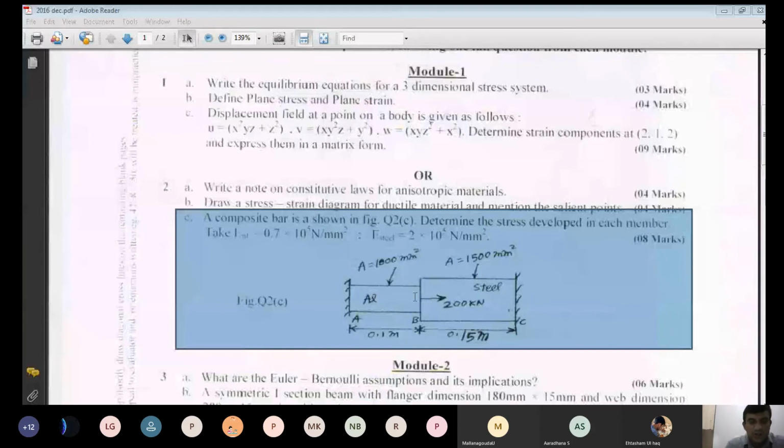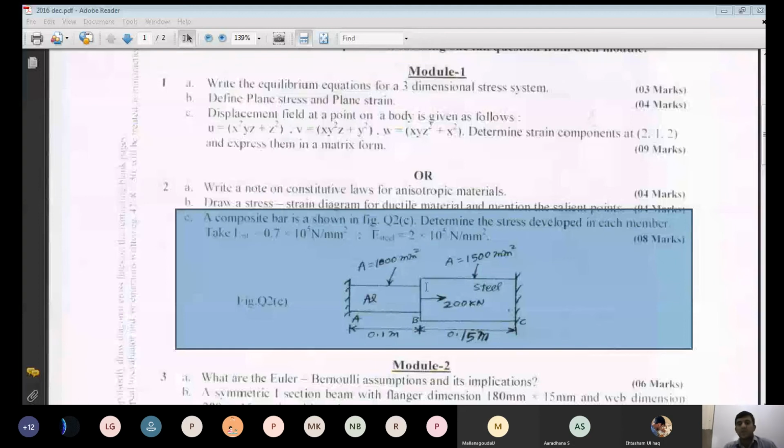If you apply the vector sum of all the forces in the horizontal direction equal to 0, P1 is acting towards the left, so minus P1, plus the 200 kilonewton at the junction, 200 into 10 raised to the power of 3, which is positive, acting towards the right, minus P2, equal to 0.